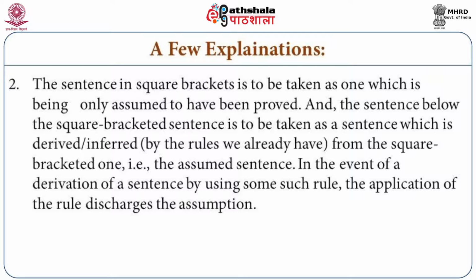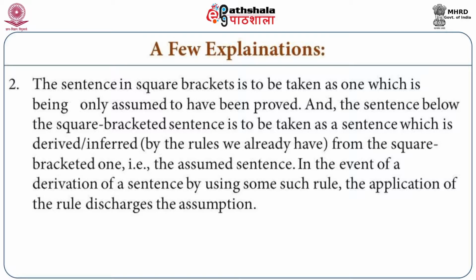So let us look at the disjunction, where we eliminated a disjunction. We are assuming that if A is true, then we can derive C, and also for another sentence B, we are assuming the truth of B, and then we can derive C from this.